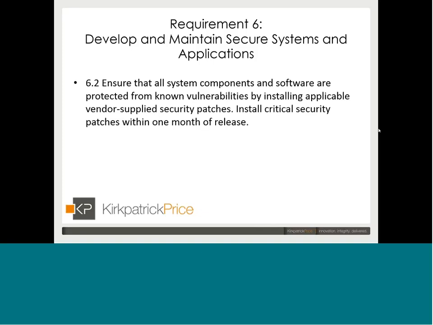But your vendors are going to be one of the first levels of notification, as well as vulnerability scans are going to help you to keep abreast of security patches that you may need for things that may get missed by the big vendor patches, right?